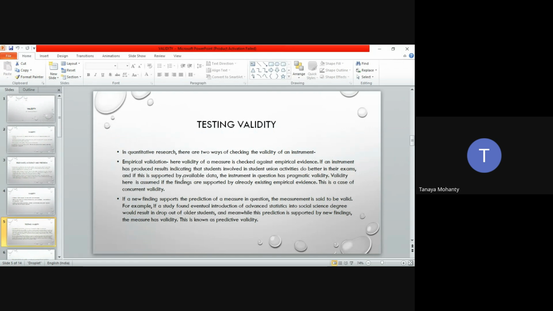If a new finding supports the prediction of a measure in question, the measurement is said to be valid. There is a new finding, and the new finding is trying to give a new kind of prediction.